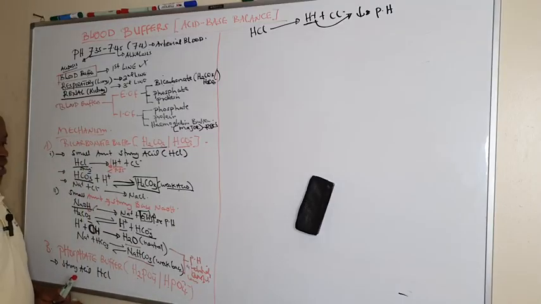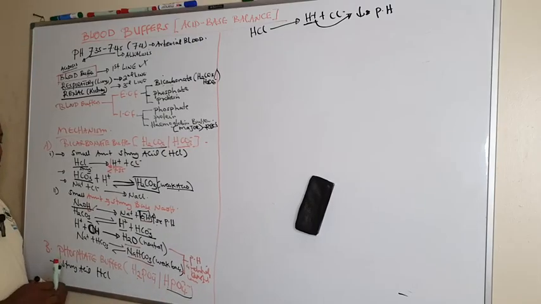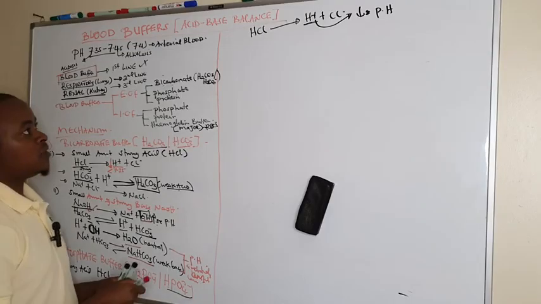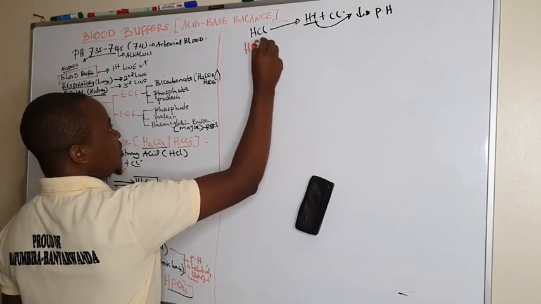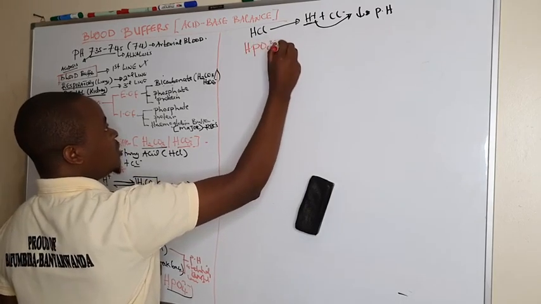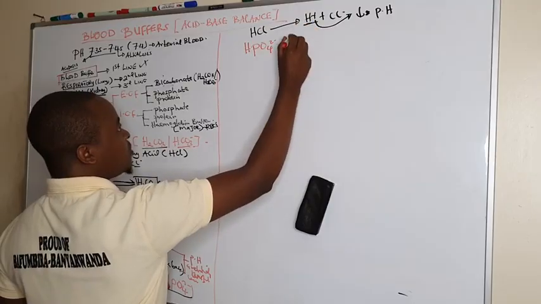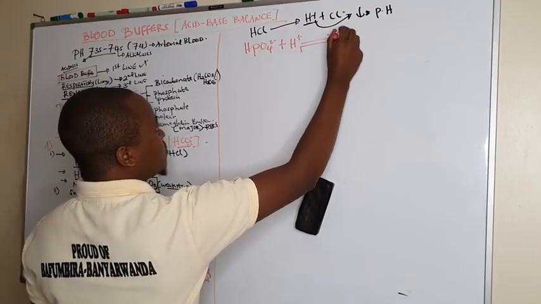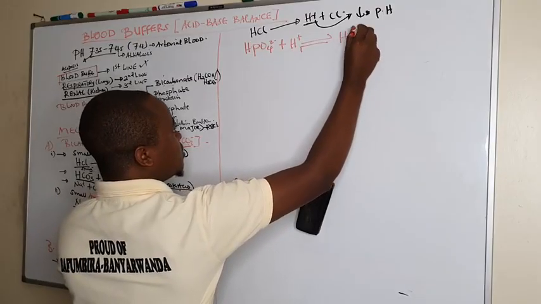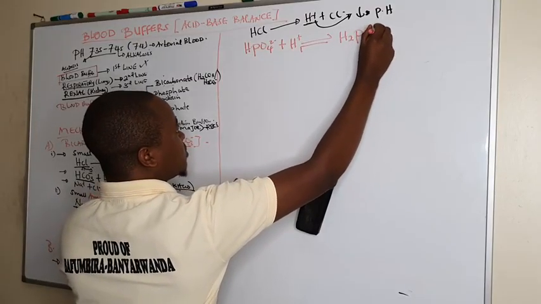But in our buffer, we have a proton acceptor, which is hydrogen phosphate. So we thank God for the hydrogen phosphate in our buffer, which has the ability to accept these protons, and we form dihydrogen phosphate.